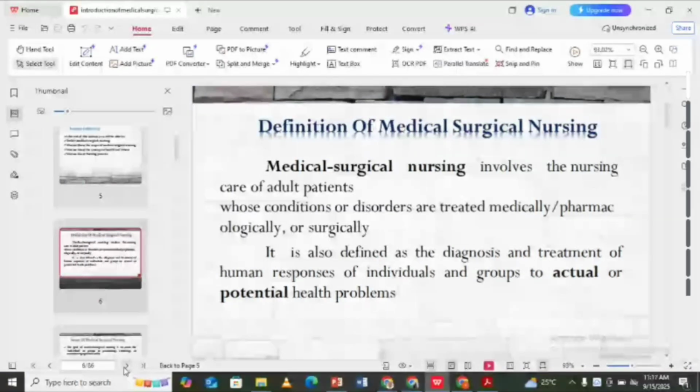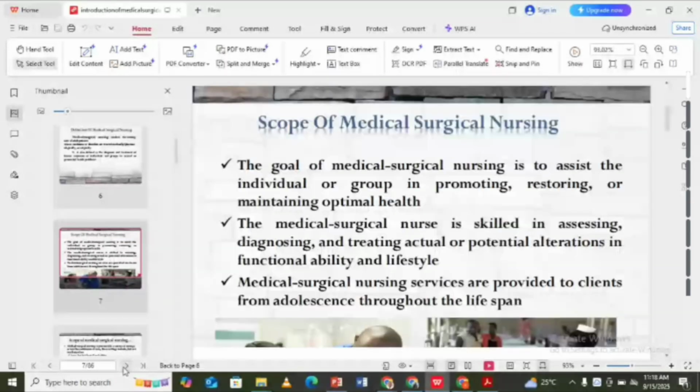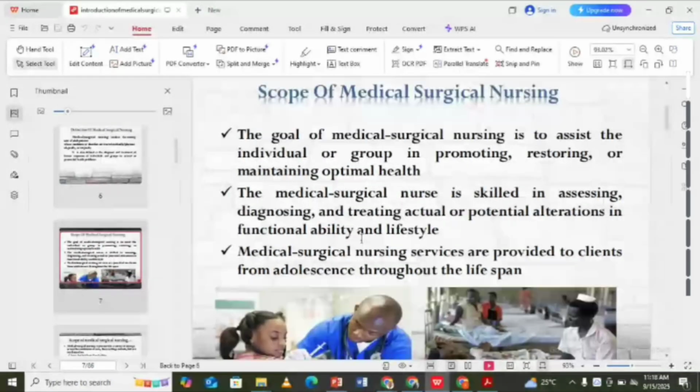Potential ones are those you may be able to identify in the process of assessing your patient. Now, its scope is wide. We look at what covers the area of medical surgical nursing.